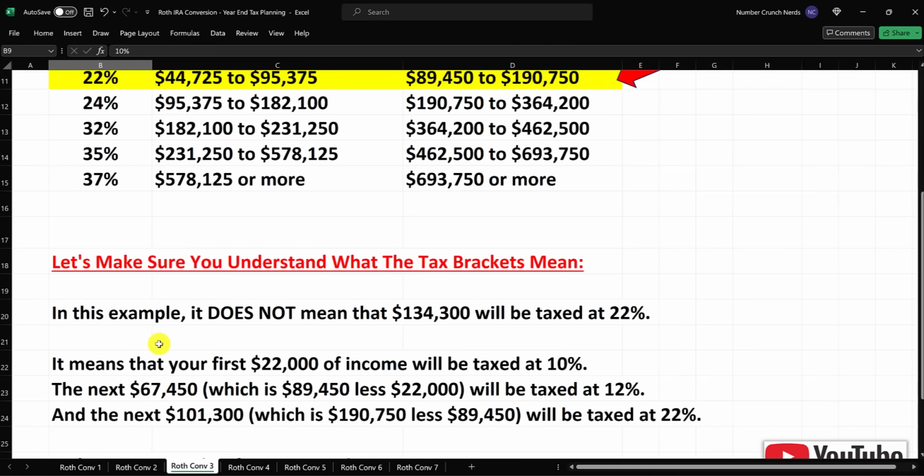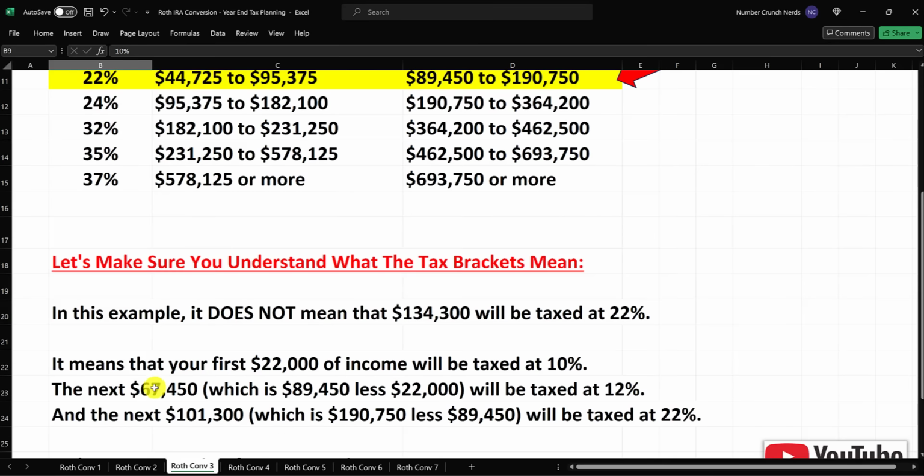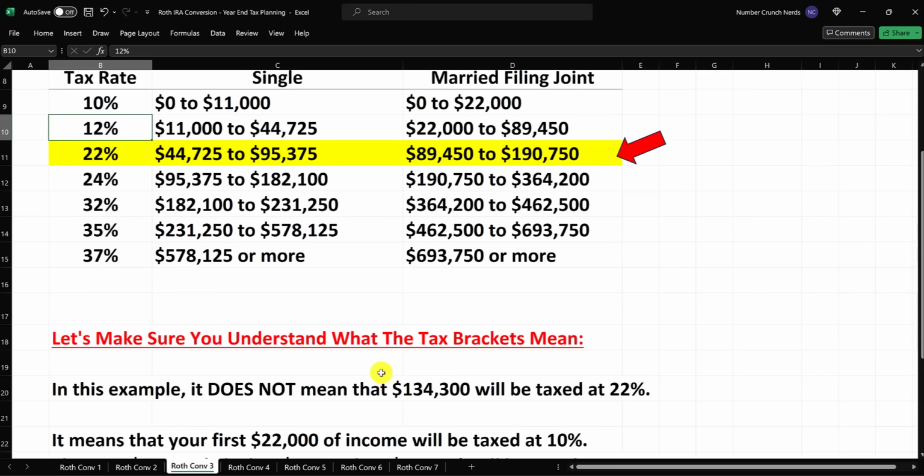Now, the next $67,450, which I calculated as $89,450 minus $22,000, the amount between this number and this number right here, gets taxed at 12%. For all Americans filing married joint, income in this range is taxed at 12%.